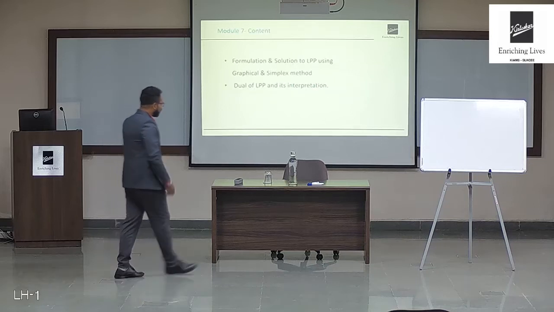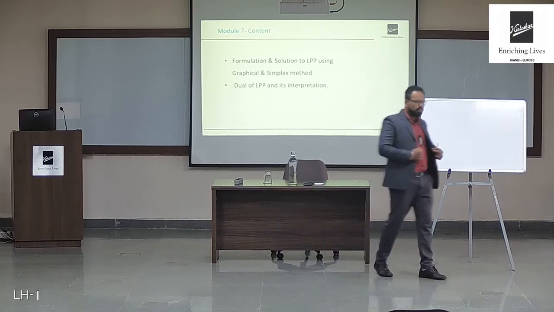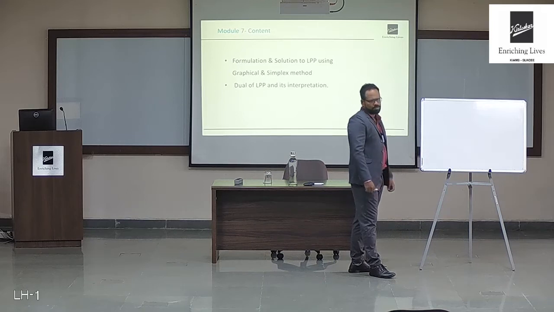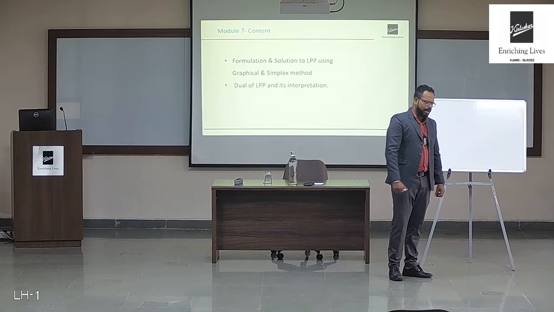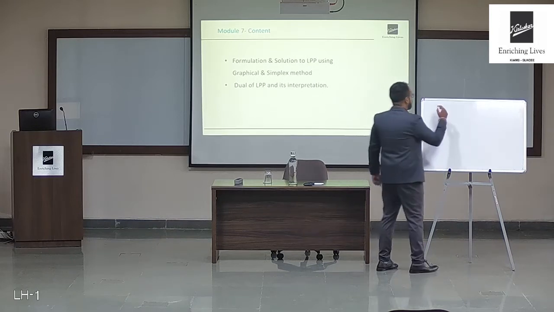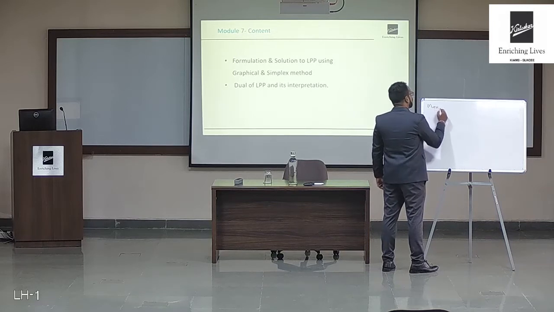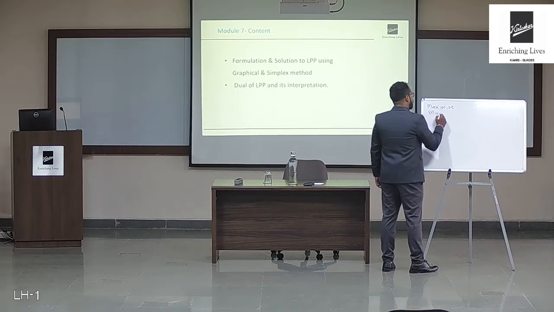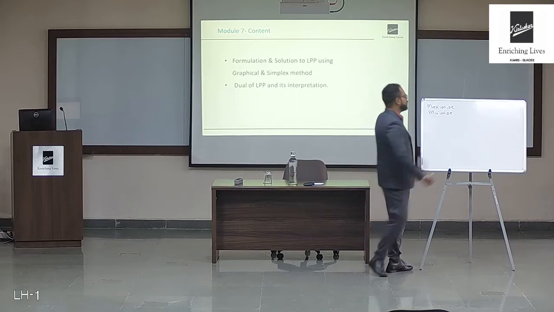The first topic we'll be seeing is formulation and solution to LPP. When we speak about formulation, it means you have to have some proper formats which will help you to solve an LPP. When you go for LPP, you always have either a maximization objective or a minimization objective.